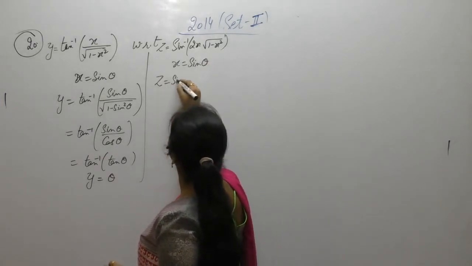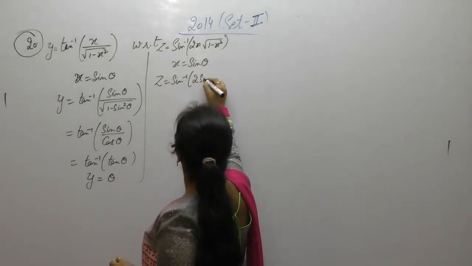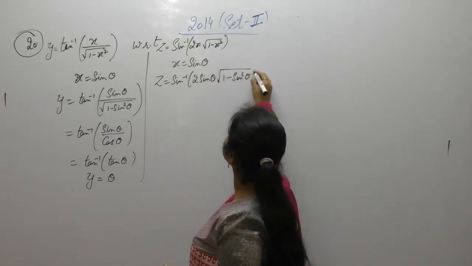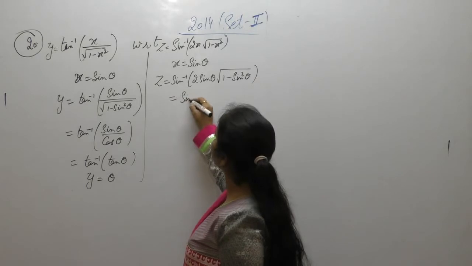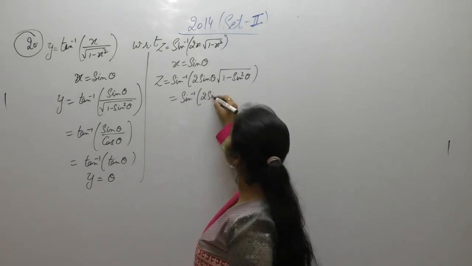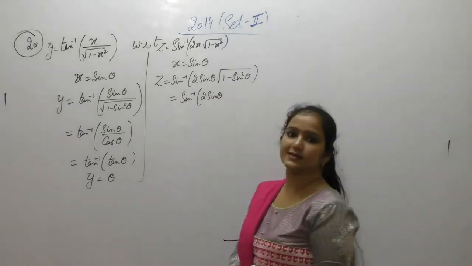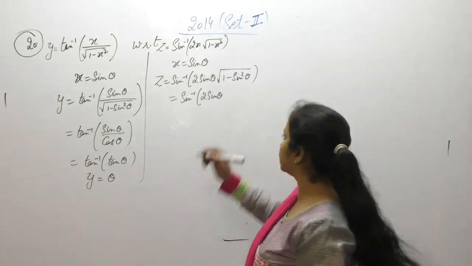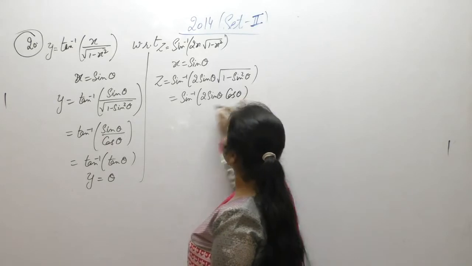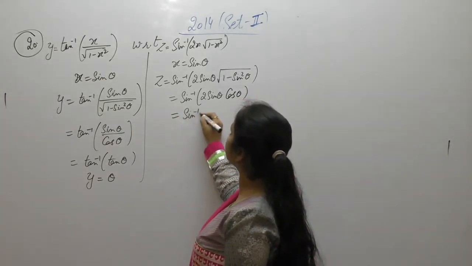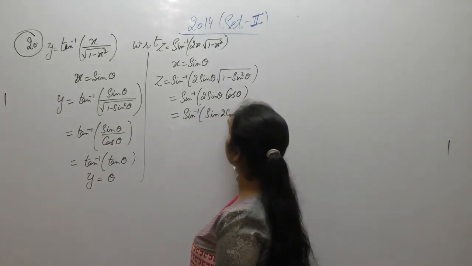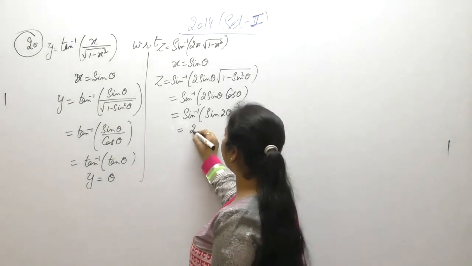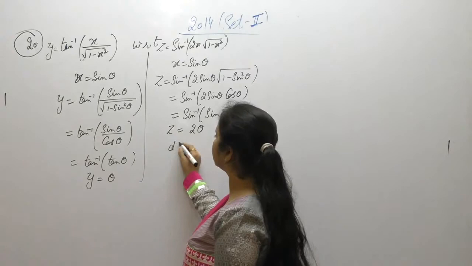Z is sin inverse of 2 sin theta square root of 1 minus sin square theta. 1 minus sin square is cos square and square root of cos square is cos. 2 sin theta cos theta is equal to sin 2 theta. Sin inverse and sin will get cancelled. Here we are left with 2 theta.